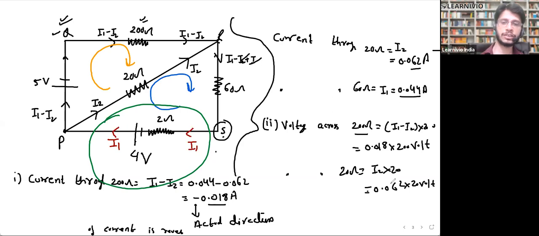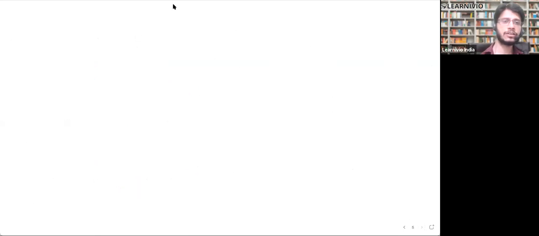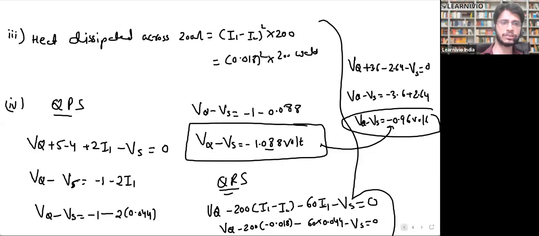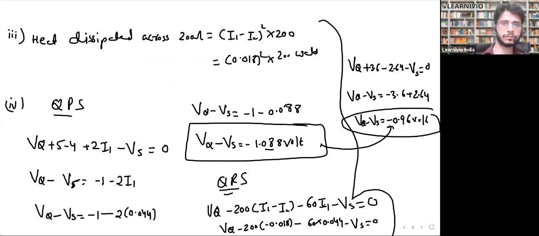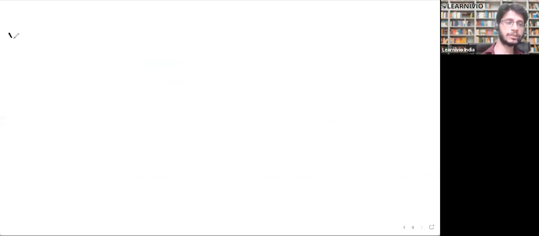The cell is discharging. So when a cell discharges, how do you calculate terminal potential difference, if the cell is discharging? Not IR. In terms of EMF, we have written something.